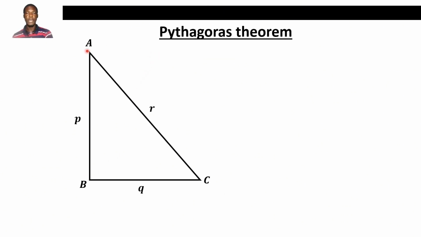In looking at the equation of a circle, we will apply the Pythagoras theorem to determine the equation of any given circle. And so we will take a quick look at the Pythagoras theorem. The Pythagoras theorem is a theorem that talks about right angle triangle.